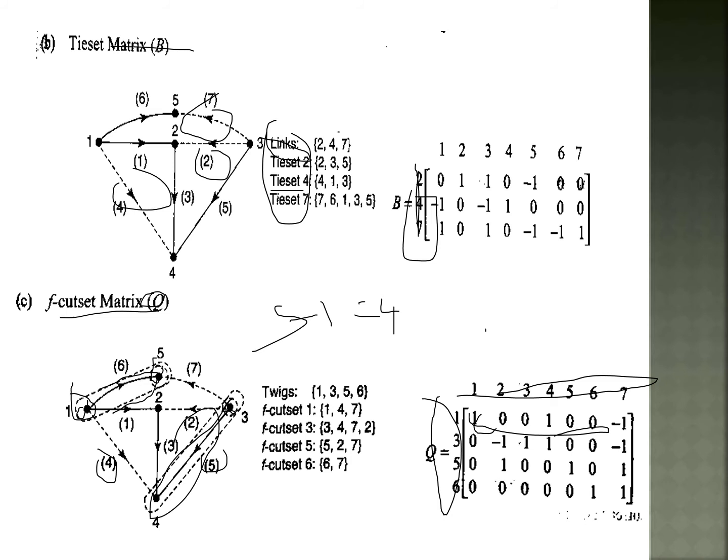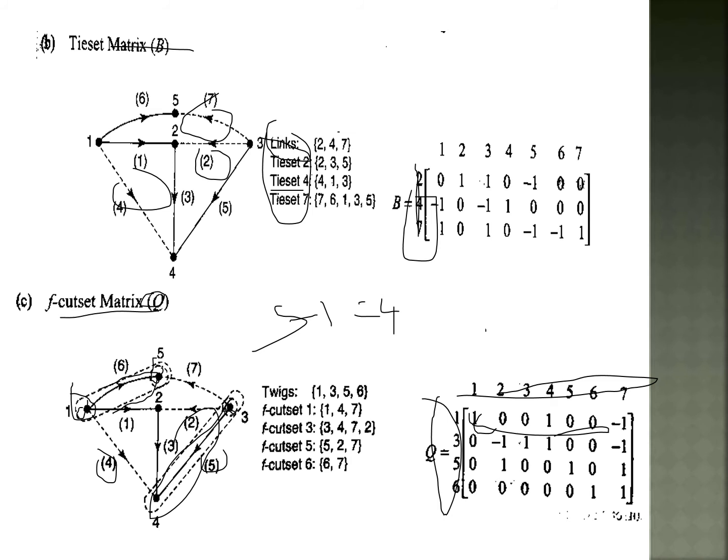The co-tree links, the chords, are 2, 4, 7. So here the order of the matrix is 0, 1, 1, 0, minus 1, 0, 0, minus 1, 0, minus 1, 1, 0, 0, 0, 1, 0, 1, 0, minus 1, minus 1, 1.